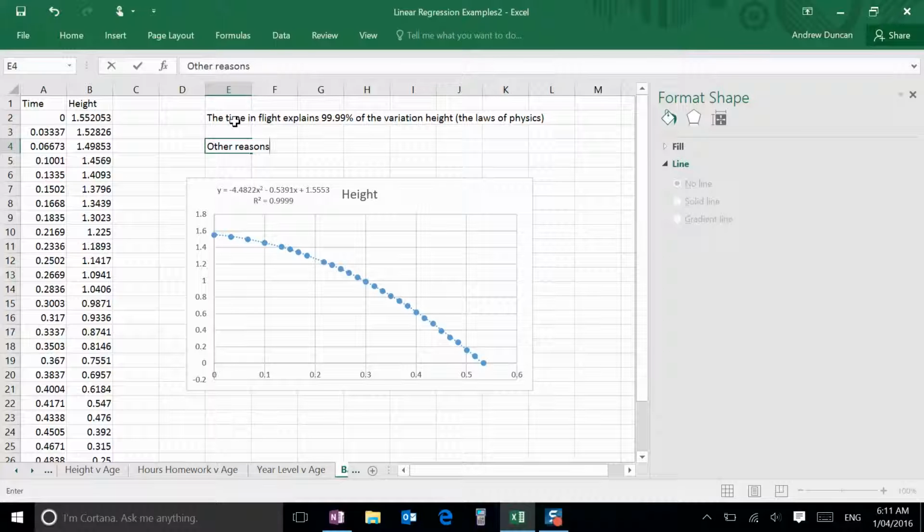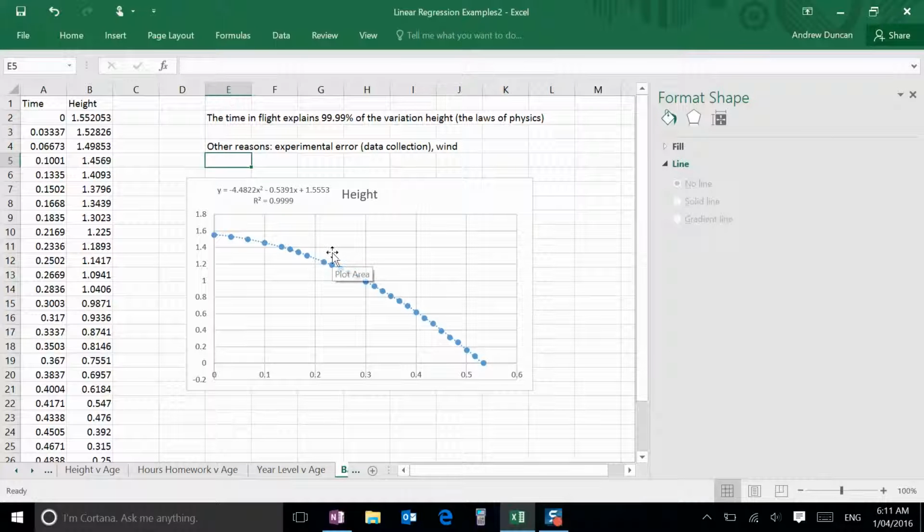Other reasons, so how do we explain that 0.01%? Things like wind resistance. What else? So one of the big reasons is experimental error. Okay, so data collection, and the wind as well.